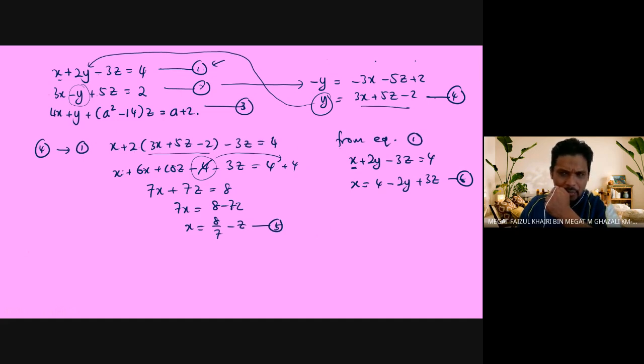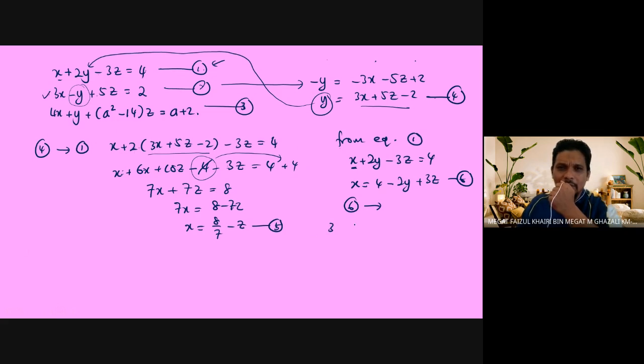And then this equation 6, substitute into 3x minus y plus 5z. This equation 6 substitute into equation 2 here.